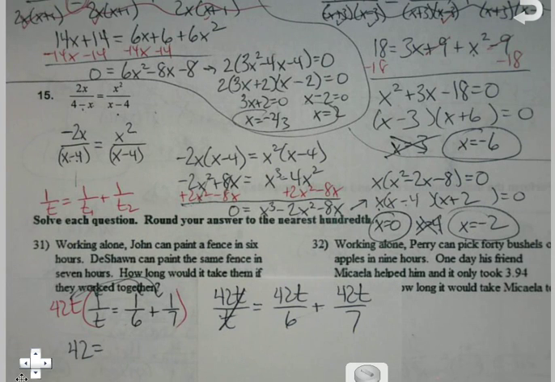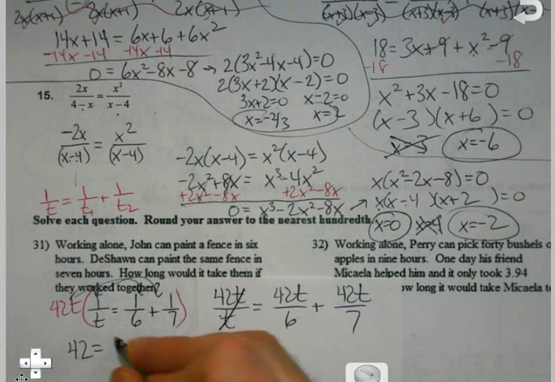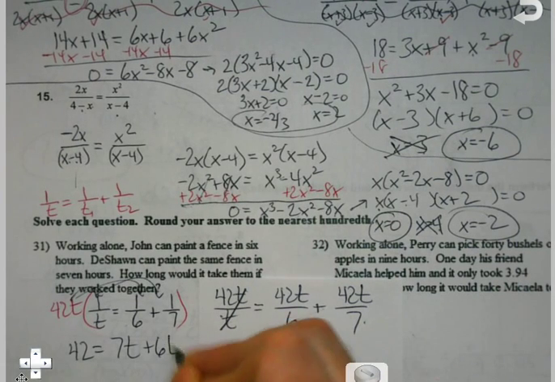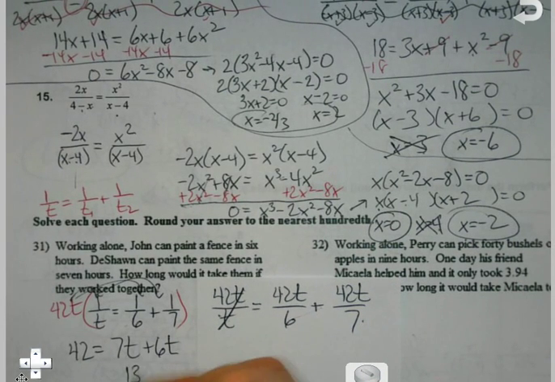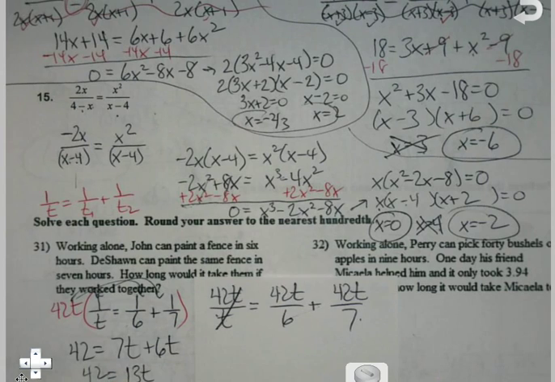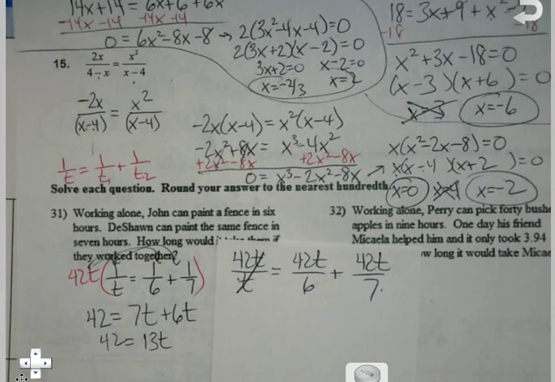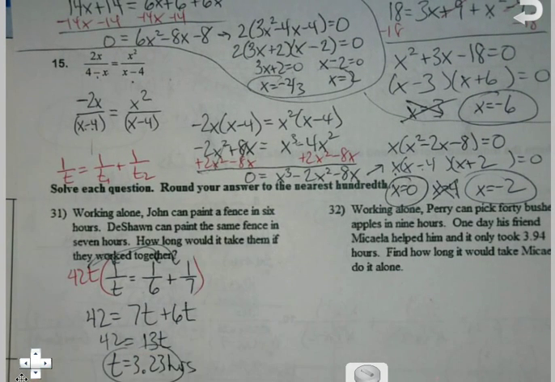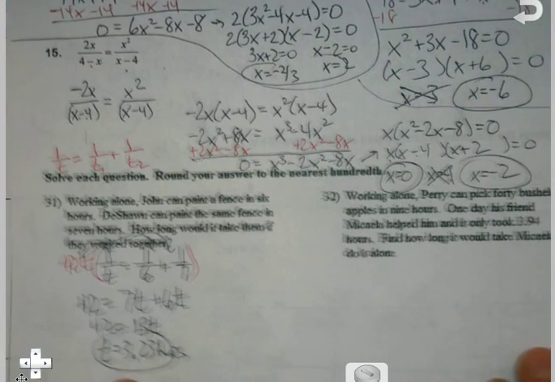So on the one with t, it just cancels out the t. 42 divided by 6 is 7, but the t doesn't go anywhere. 42 divided by 7 is 6. t doesn't go anywhere. And then I just go ahead and divide. I'll do it on here instead of pulling up that calculator on you. It'll take about 3.23 hours. Much better use of time than spending like 6 or 7. And your answer, of course, is going to be less working it together.